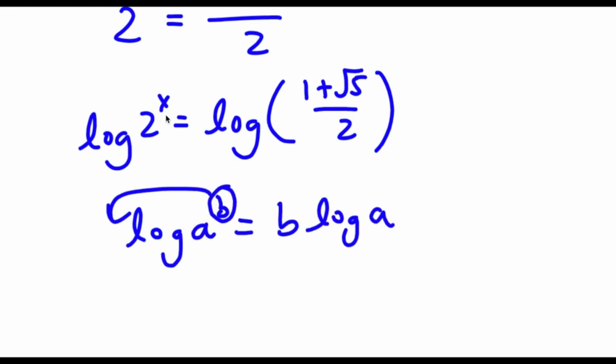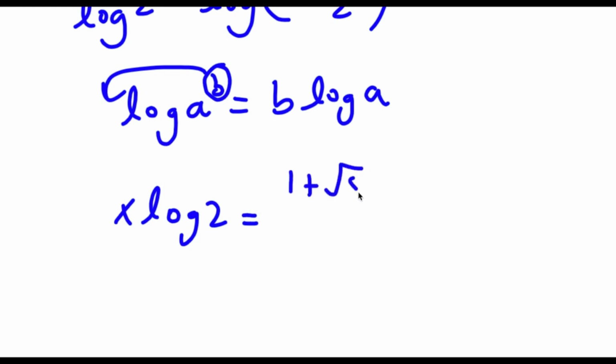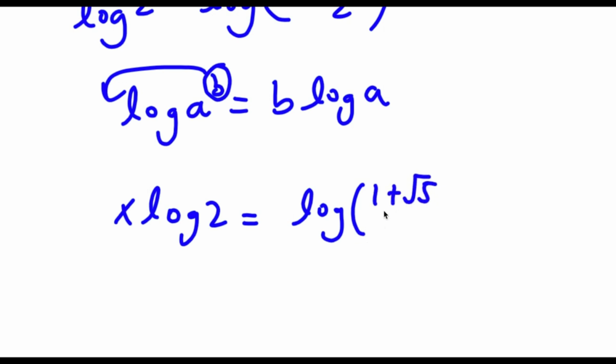So in this case, for log 2 to the power of x, I can move x to the front. So this is going to equal x times log 2, which is equal to log of 1 plus the square root of 5 over 2.